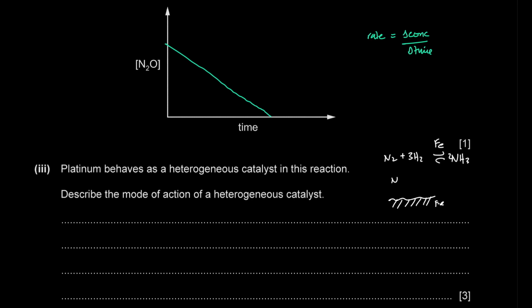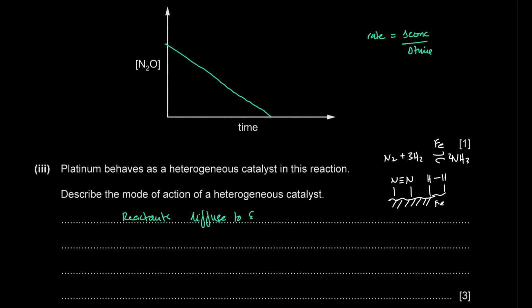The nitrogen molecules and the hydrogen molecules bond to the surface of the catalyst. That's called adsorption. So the first thing that happens is that the reactants diffuse to and adsorb to the surface of the catalyst.